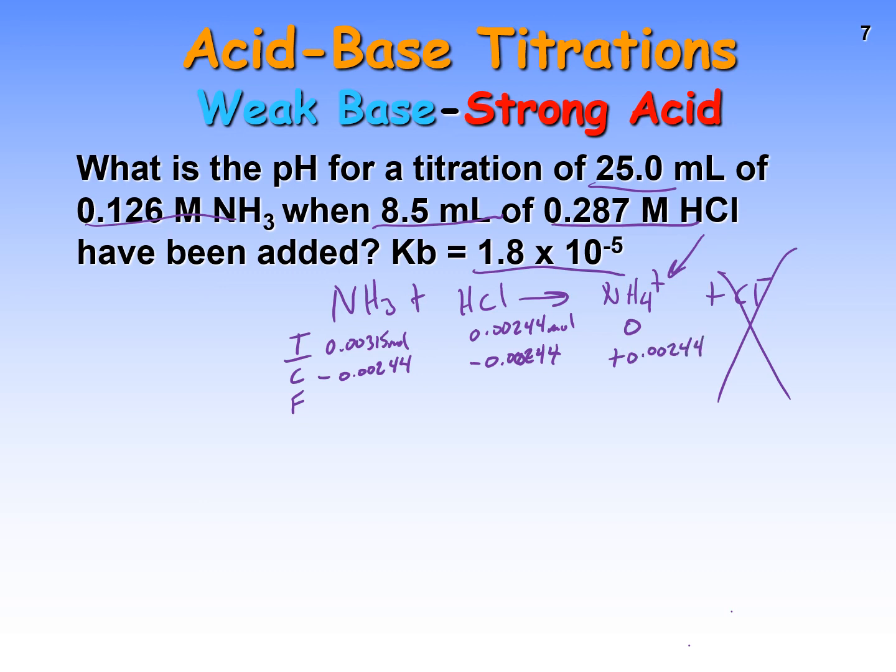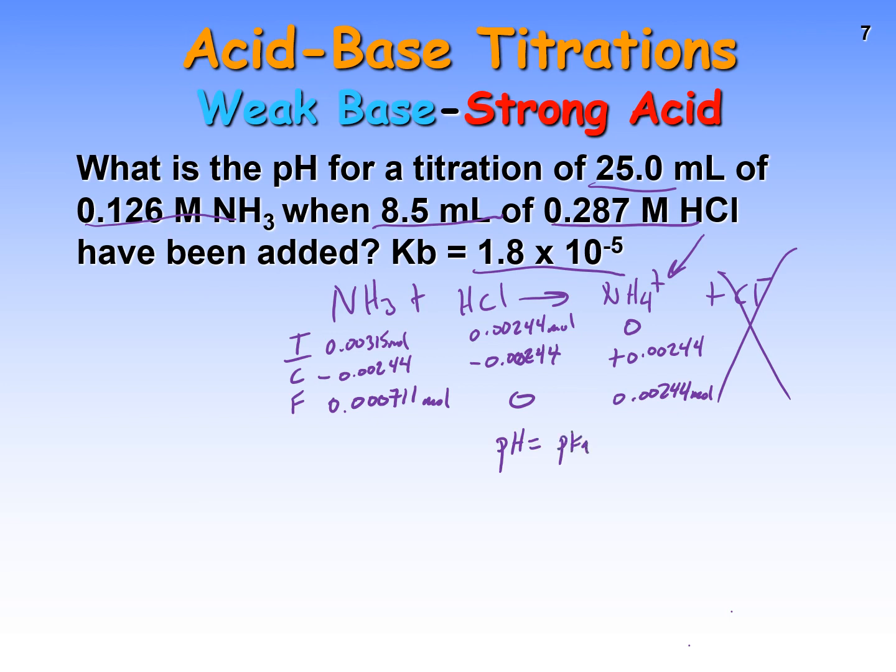This is going to give me 0.00244 moles of NH4+ formed, 0 moles of HCl, and 0.000711 moles of NH3.